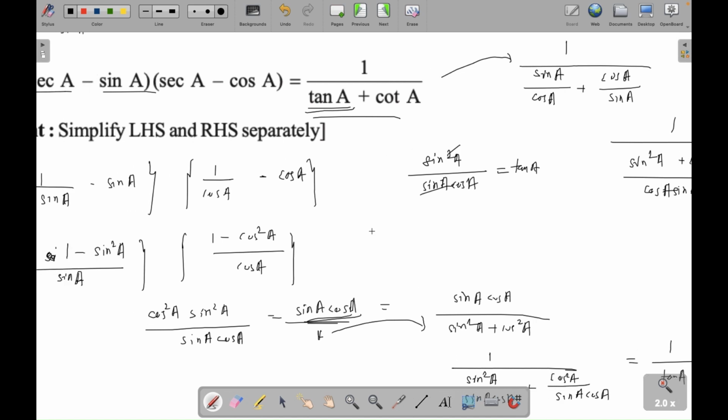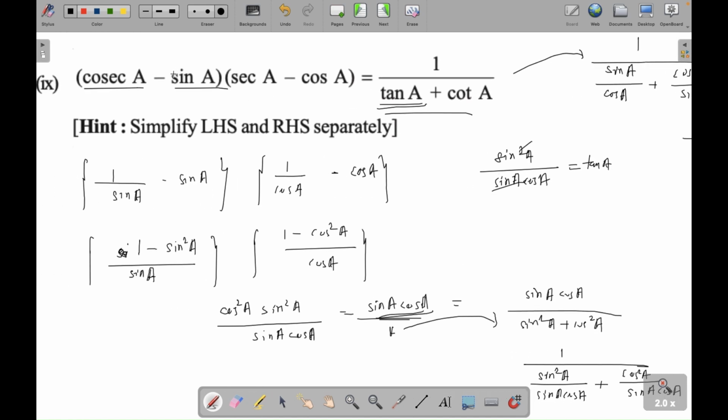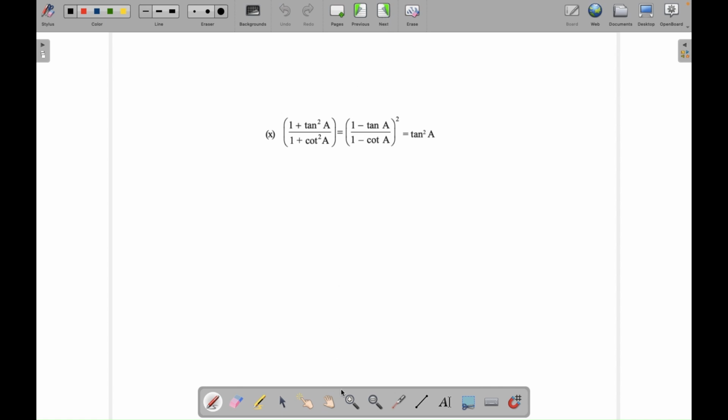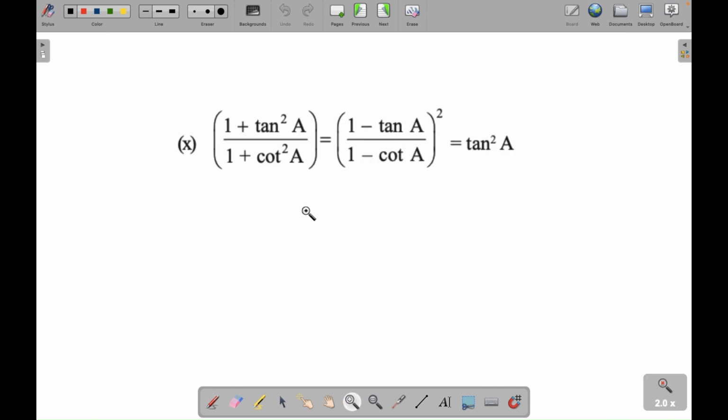Is this clear? How do we do it only using one side? Then we have 1 plus tan square A upon 1 plus cot square A. So see, whenever you have plus in tan square A, whenever you have minus in tan square A, you can use this identity. Sec square A minus tan square A is equal to 1.